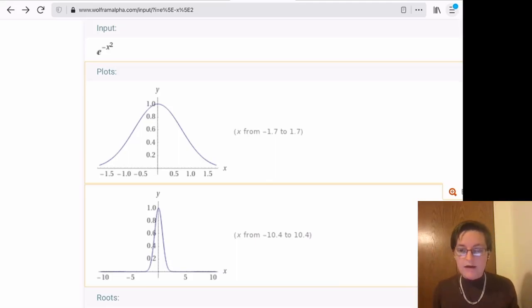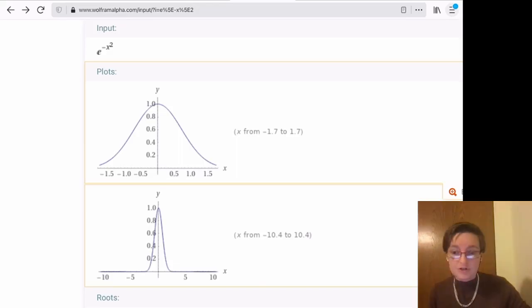It's mathematically true that because this function is symmetric about x equals 0, when I add up all the different probabilities, because it's equally weighted on both sides, the average winds up exactly in the middle of this function.